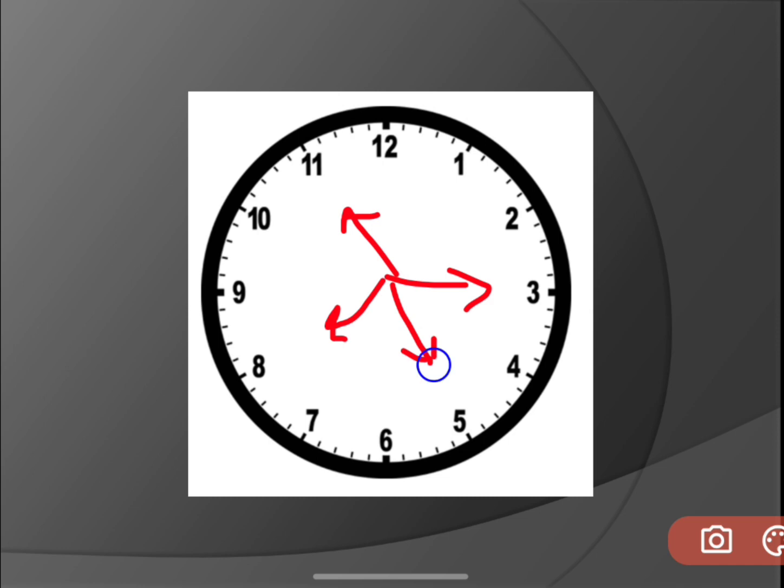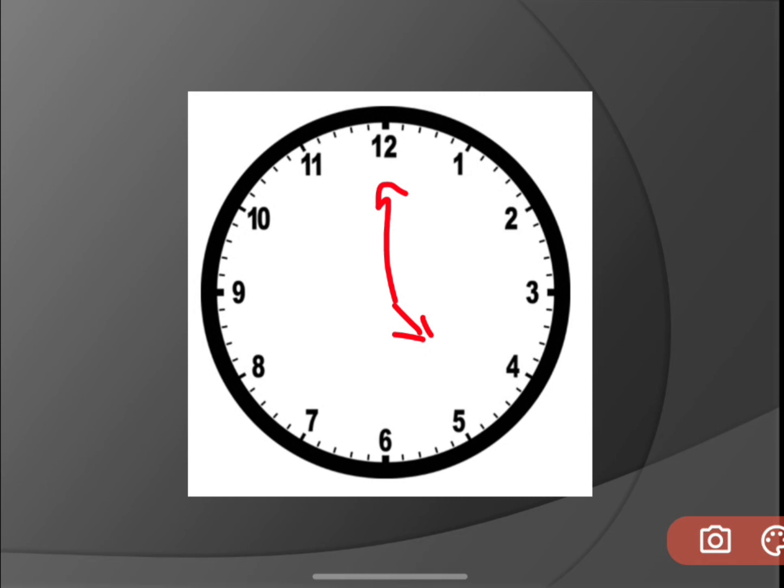But we did not learn about the longer hand. When the longer hand is on 12, then it is 5 o'clock or 4 o'clock or 3 o'clock or 8 o'clock, depending upon the short hand. But if the longer hand is pointing to 1 or 2 or 3, any number, that we will learn today.